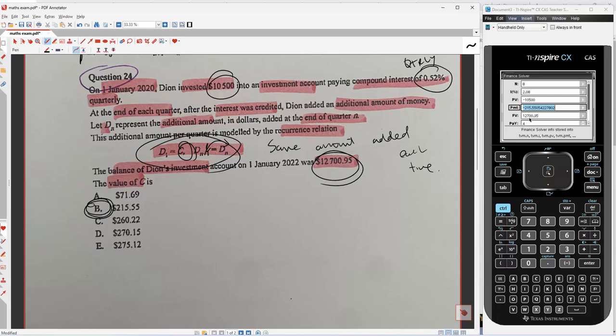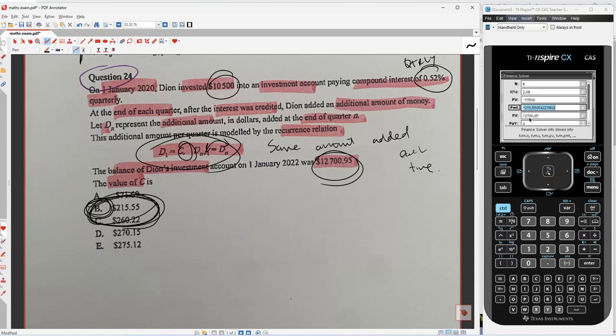Alright, and I don't know, like the question's a bit sketchy because it kind of hides behind this recurrence relation. You need to understand that what the recurrence relation is saying, or the additional amount, is modelled by this recurrence relation. So it's saying that the next amount being added in the quarter is the same as the previous amount. So the amount added in the first quarter will just be the same amount that's added each time. So this is the amount that's going to be added.